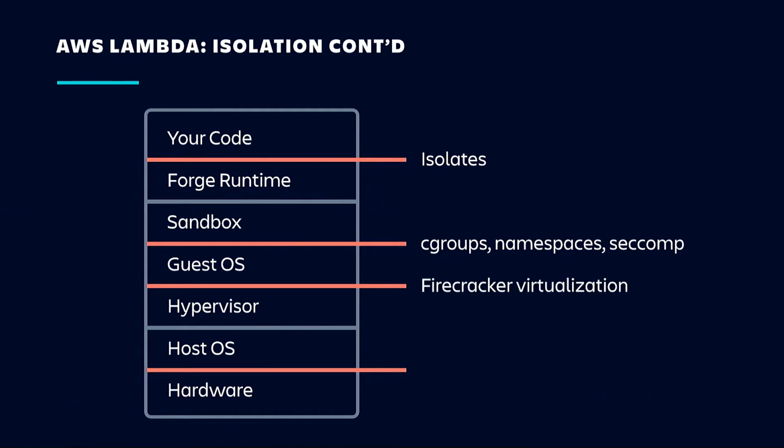But around that, there's another layer, an actual virtualization layer that is called Firecracker. And if you're interested in more about the Firecracker technology, there's a great talk from an AWS re:Invent last year that I can highly recommend. This virtualization layer is very interesting for us because what it allows AWS to do is to take functions from different customers and run them on the same EC2 bare metal instance.